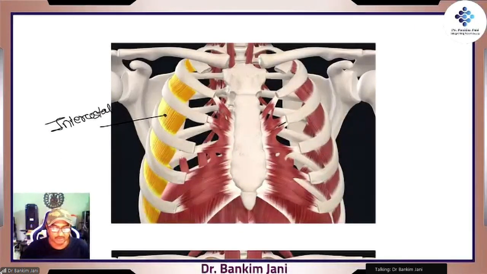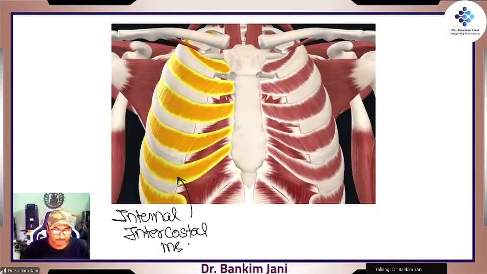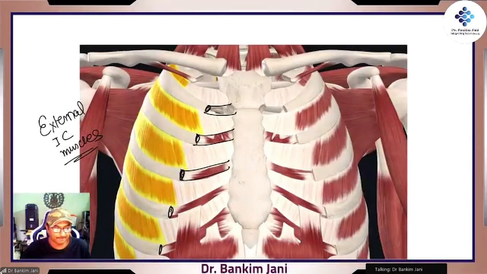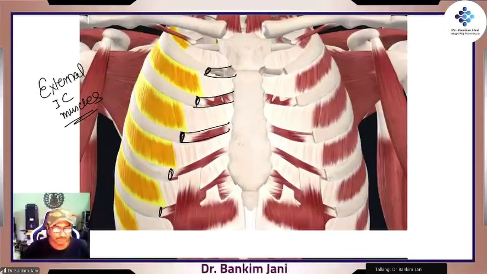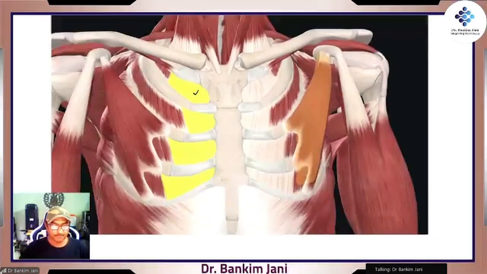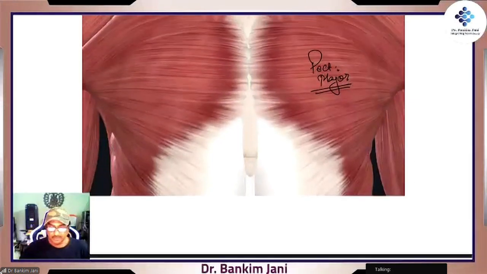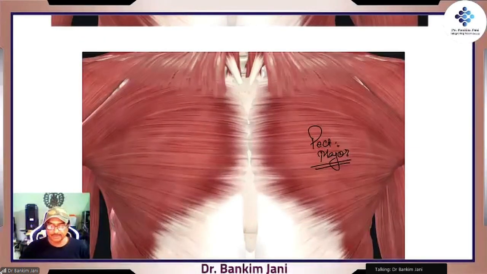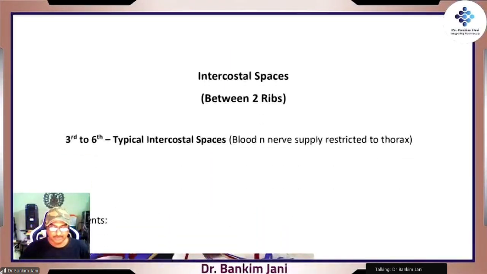These are the intercostal muscles: internal intercostal, then most superficial are the external intercostal. On the sides are the serratus anterior, and this one is your major muscle, the pectoralis major.